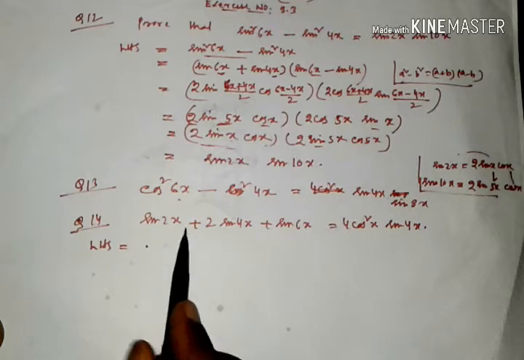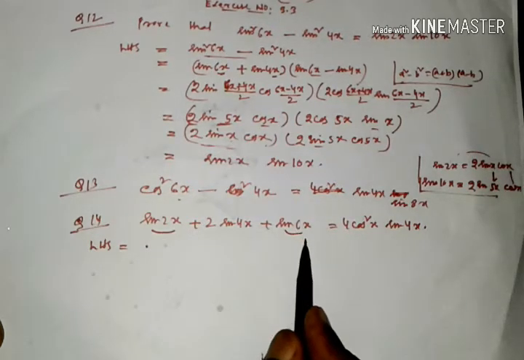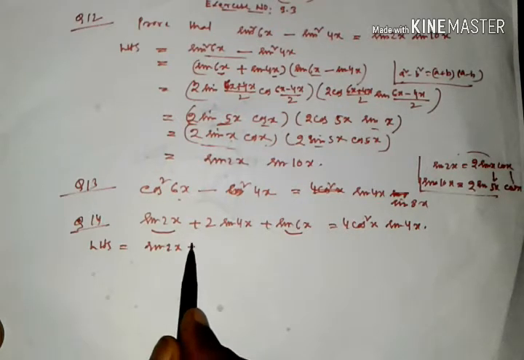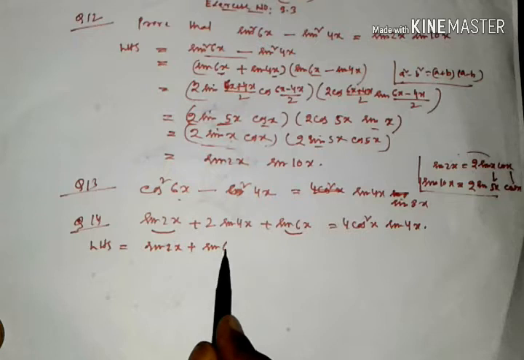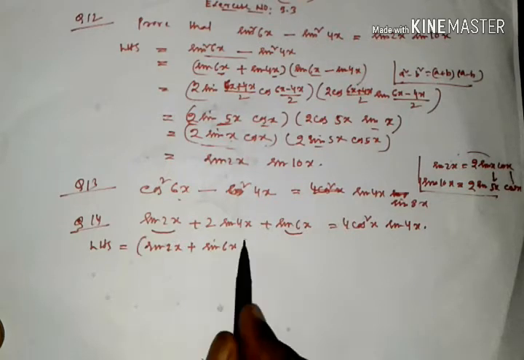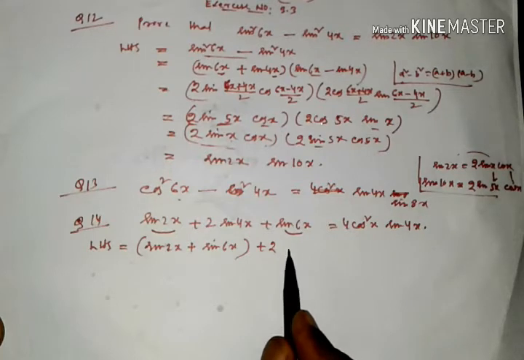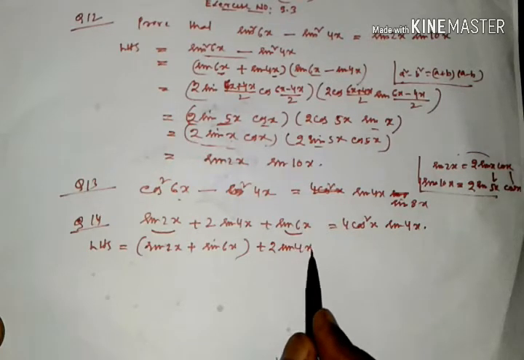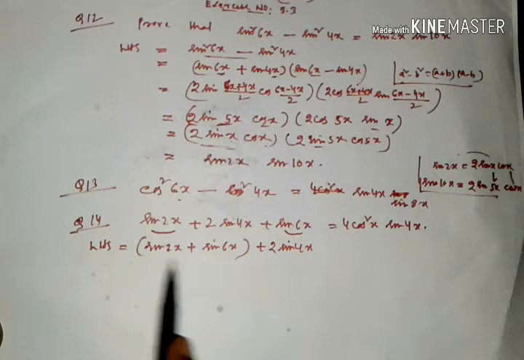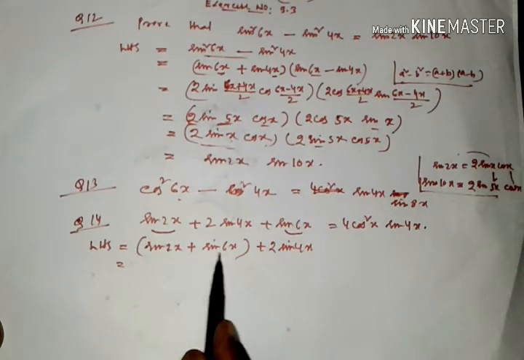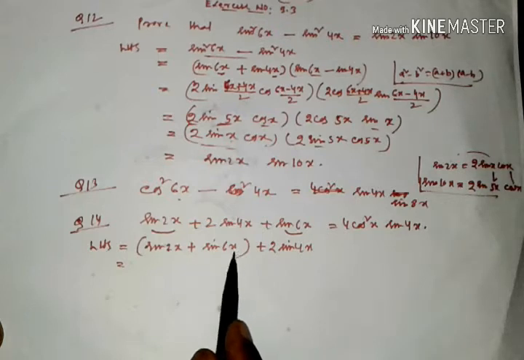Thus, we combine sin 2x and sin 6x at first. Sin 2x plus sin 6x, and 2 sin 4x remains. Here we apply the formula sin a plus sin b.